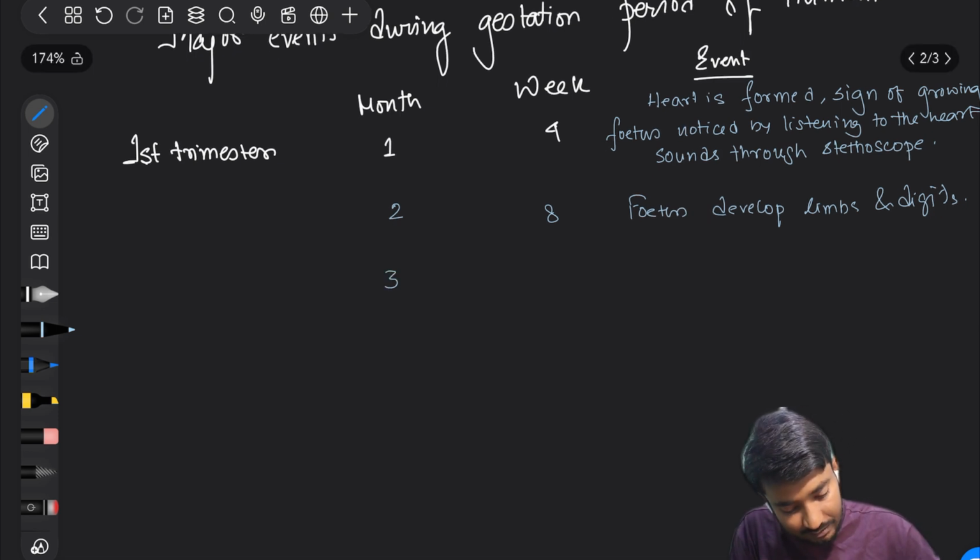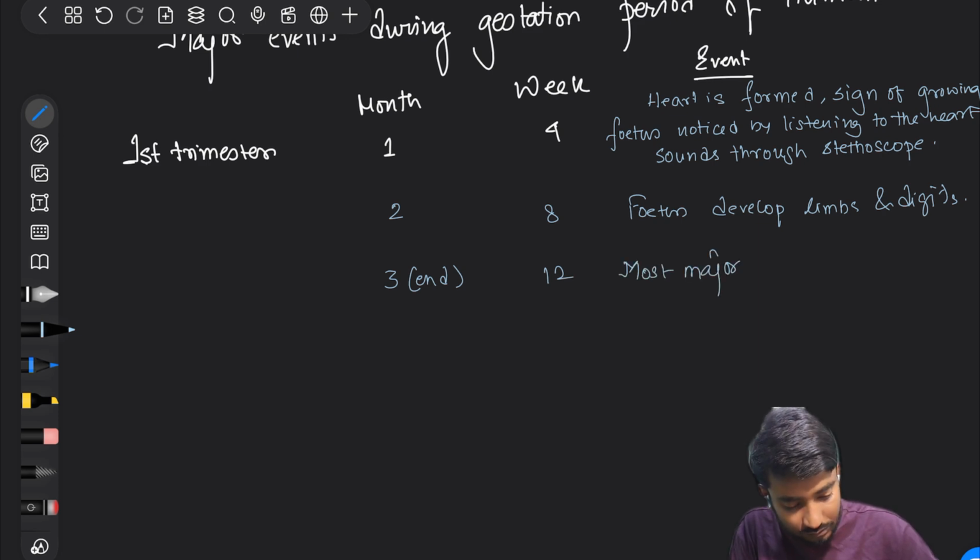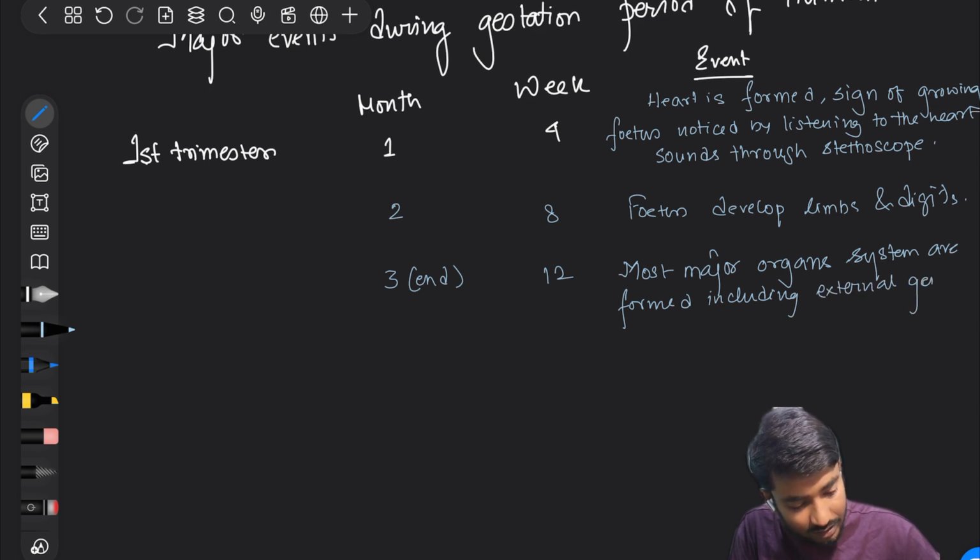In the third month, that is the end of the first trimester, on the 12th week, most major organ systems are formed, including external genital organs.